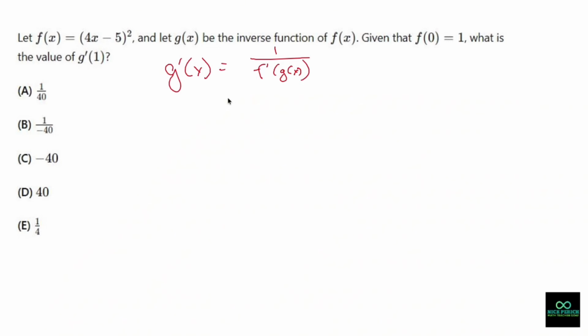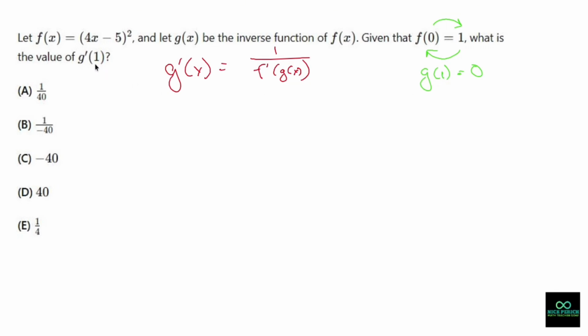Since f and g are inverses, and we are told that f of 0 is 1, that would mean, flipping it around for inverse stuff, g of 1 would equal 0.